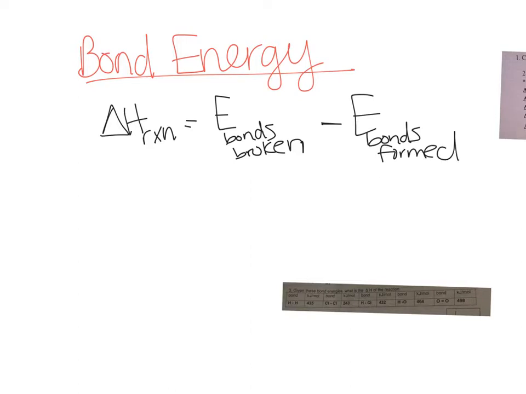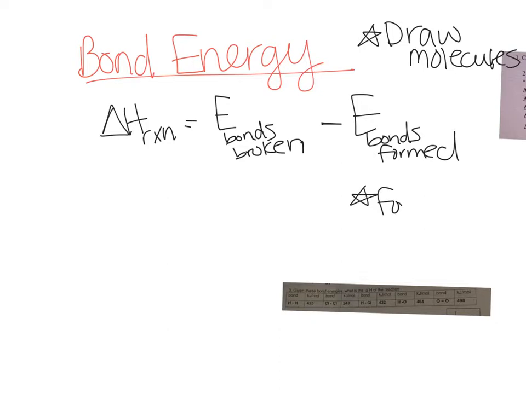So I would say the trickiest part about this is making sure you draw your molecules, and knowing who gets formed and who gets broken. So give yourself like a little space and say formed and broken. We're going to talk about it real fast.